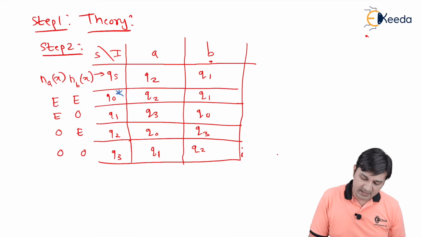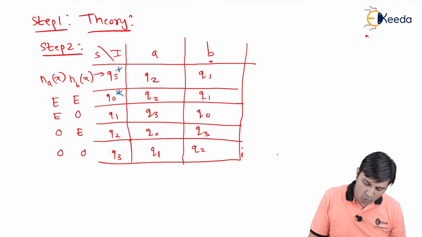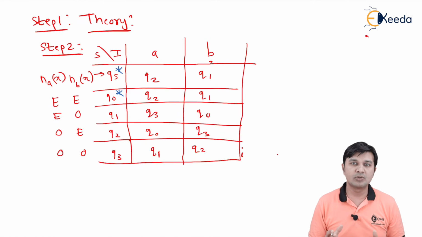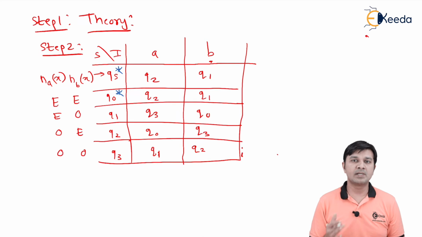So over here I say mark QS also as the final state. The reason is QS does not have anything as input and it is going to be an even combination right from the start. So why are we doing it over here and why didn't we do it in case of finite state machine? The simple reason is that we are interested in constructing a minimized DFA.